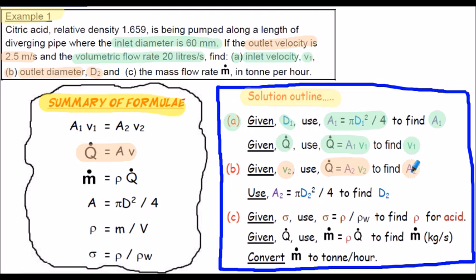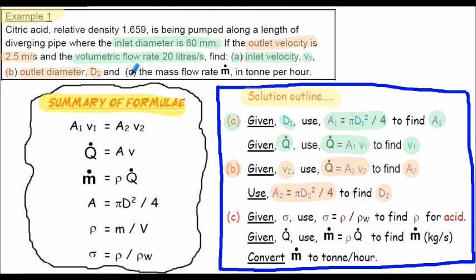We need to find the diameter, so we're going to use this equation, area is equal to pi d squared upon 4, again extracted from our summary, and we're going to rearrange this equation to find diameter D2, the diameter of the outlet. So there's the proposed solution for part B of example 1.